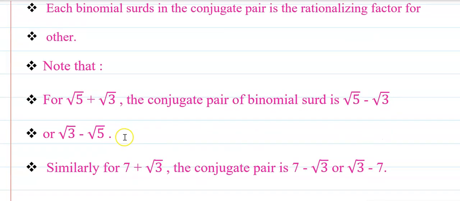Therefore, note that for root 5 plus root 3, the conjugate pair of the binomial surd is root of 5 minus root 3 or root 3 minus root 5. You can change the sign. Similarly, for 7 plus root 3, the conjugate pair is 7 minus root 3 or root 3 minus 7 in this way.